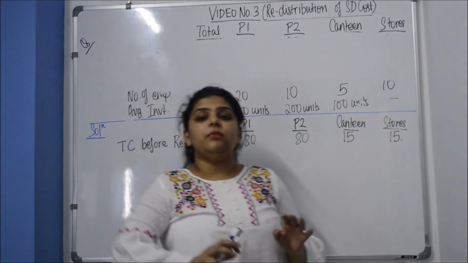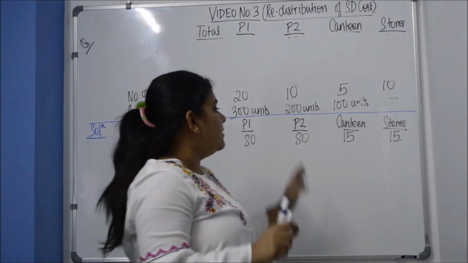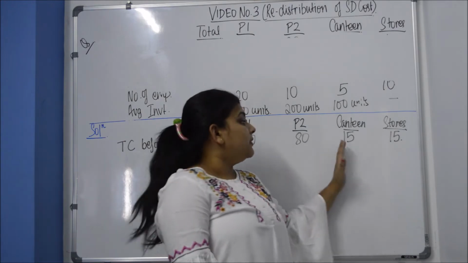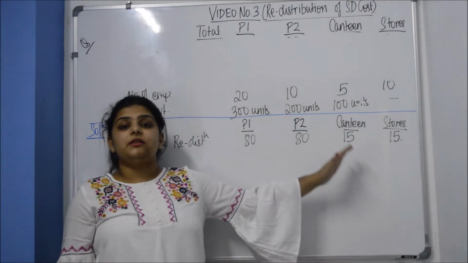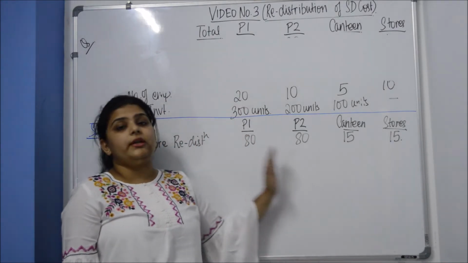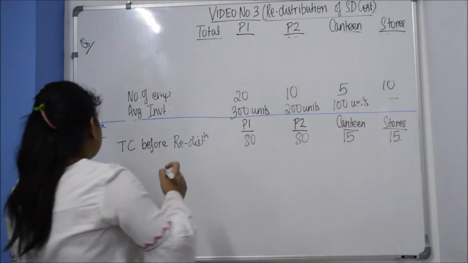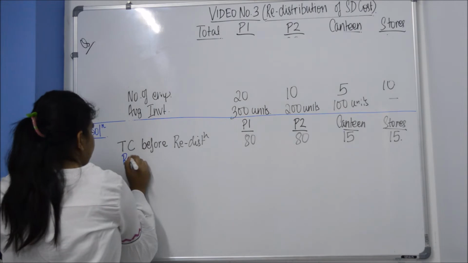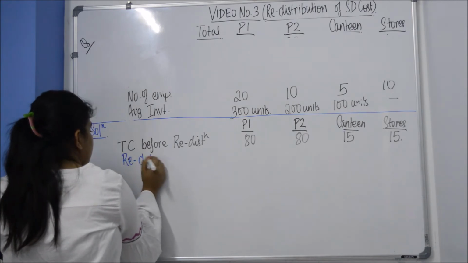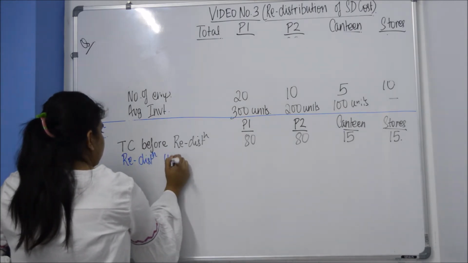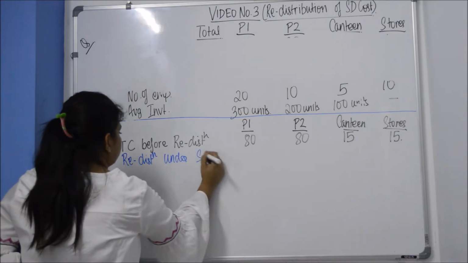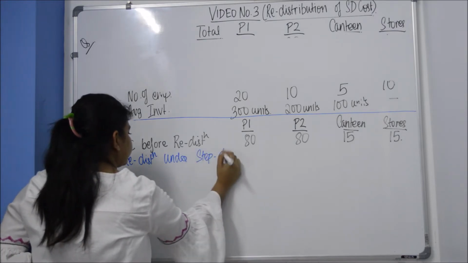So what is step down method? Under step down method, the last service department will give its cost only to the production department. Let us see how redistribution under step down method works.